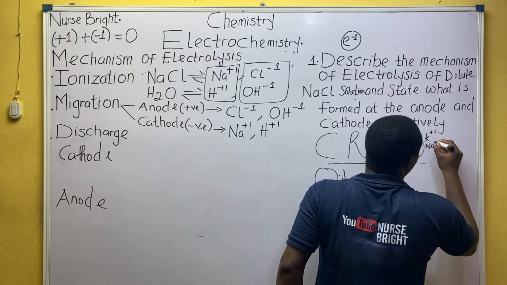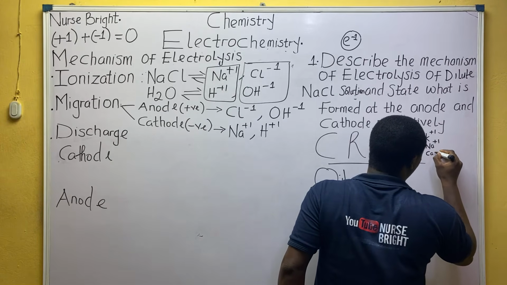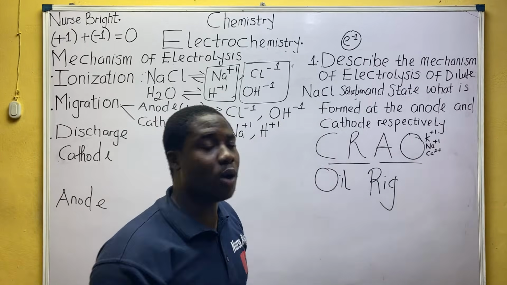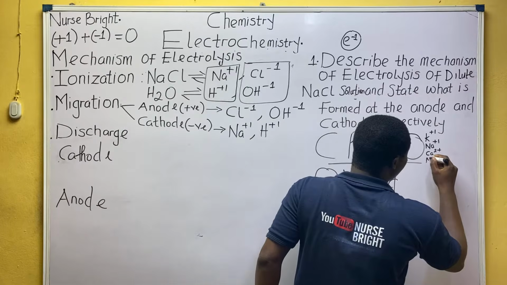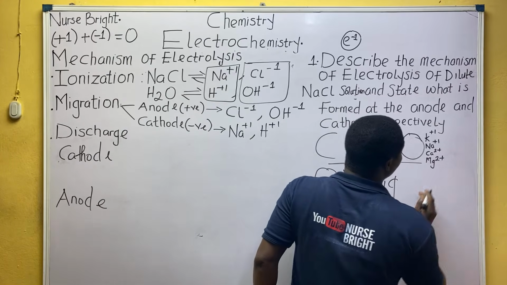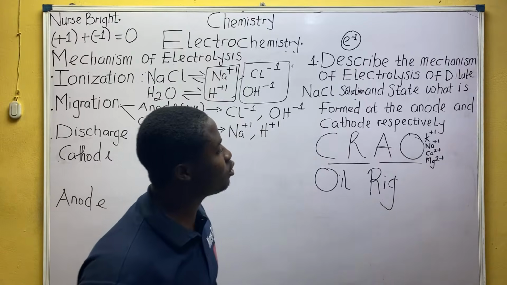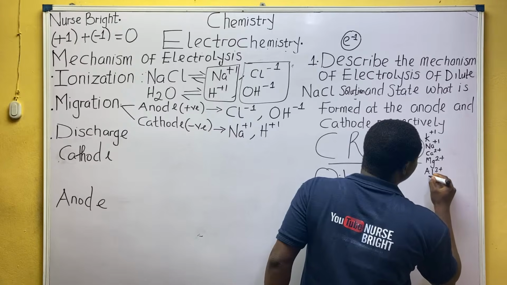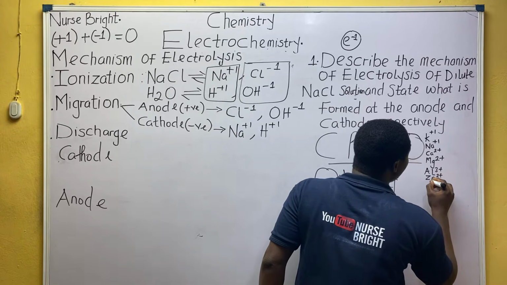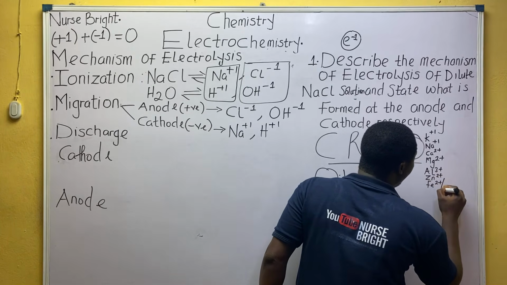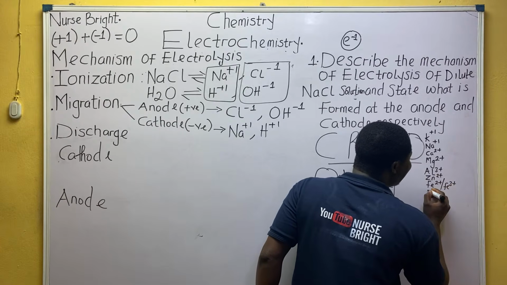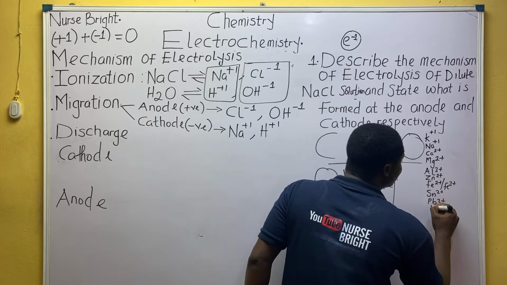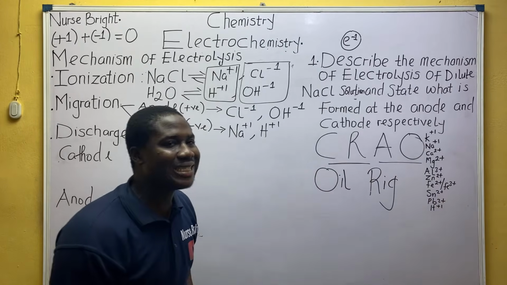Potassium, sodium, Na+, calcium, Ca2+, magnesium, Mg2+, aluminium, Al3+, zinc, Zn2+, iron, Fe2+ or Fe3+, tin, Sn2+, lead, Pb2+, hydrogen, H+. Class, listen.